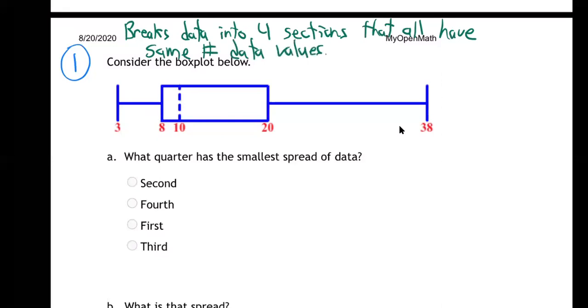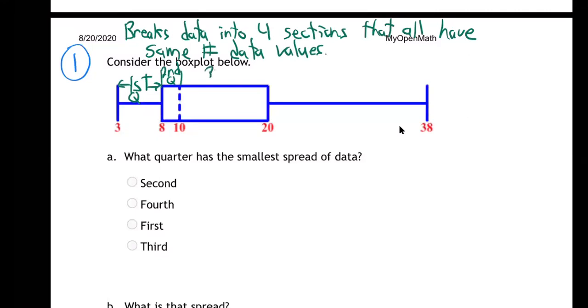So it breaks the data into 4 quarters like a football game or a basketball game. It breaks the data into 4 even quarters. So in other words, here's the first quarter, from here to here. And here's the second quarter, just there to there.